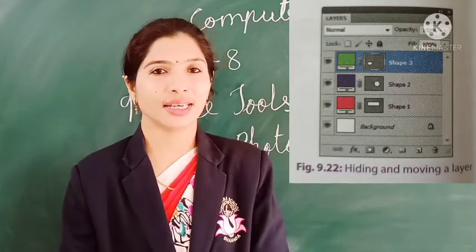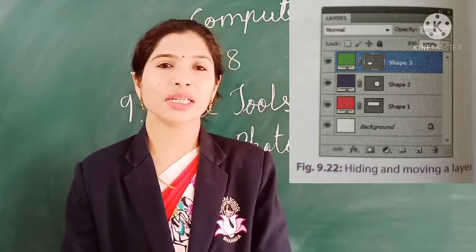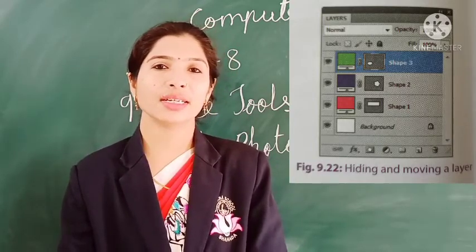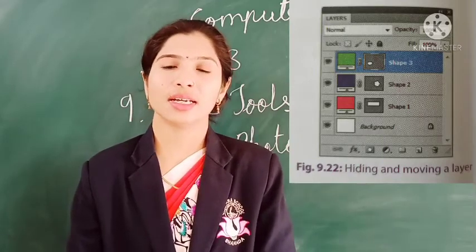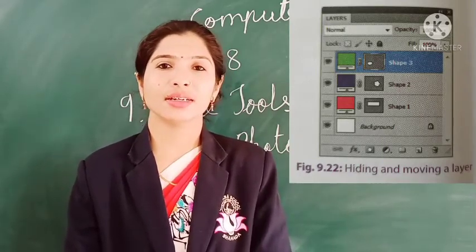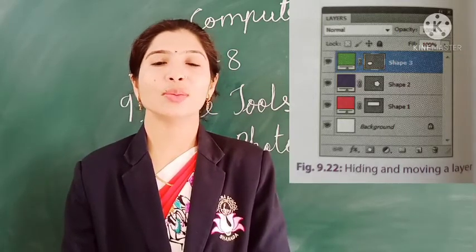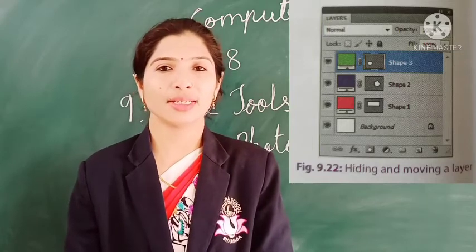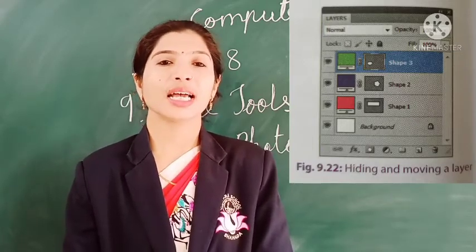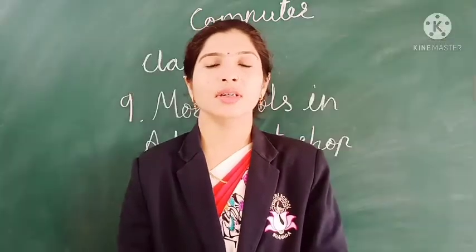To hide a layer, click on the Indicate Layer Visibility button before the layer name in the Layer palette. To move a layer, select the layer from the Layer palette and click on the Move tool from the tool palette. Now, click and drag the layer inside the workspace.